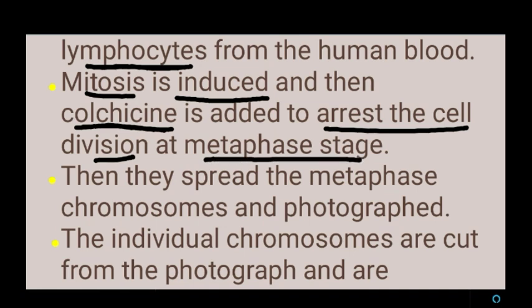Why arrest the cell division at metaphase? Because in the metaphase stage only, the chromosomes are clearly visible under the microscope. After arresting the cell division, they break the cell membrane and release the chromosomes.